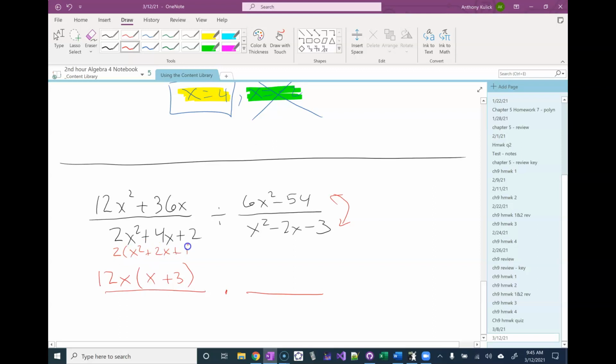So 2x squared plus 4x plus 2 becomes 2 times the quantity x squared plus 2x plus 1. And I notice that that factors: numbers that multiply to give me 1 and add to give me 2 are just 1 and 1.